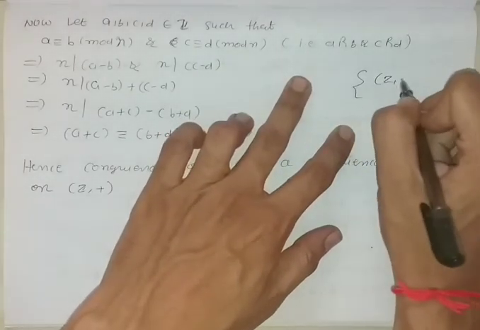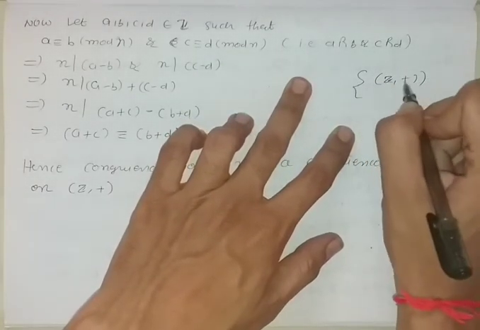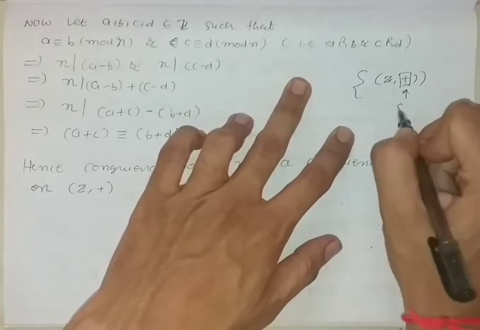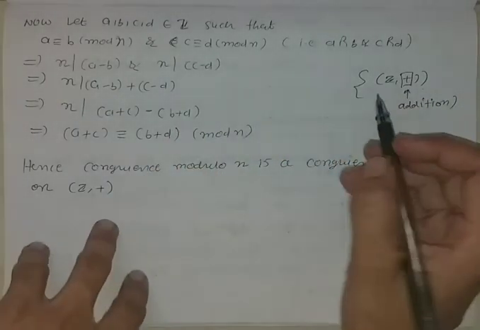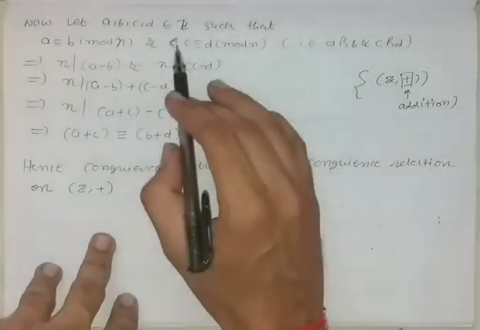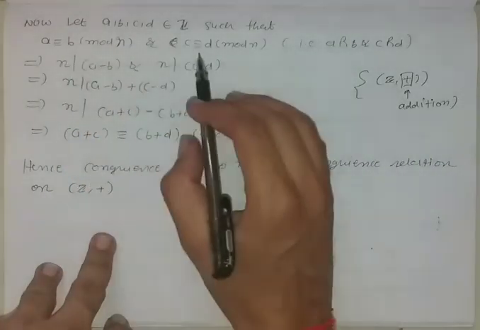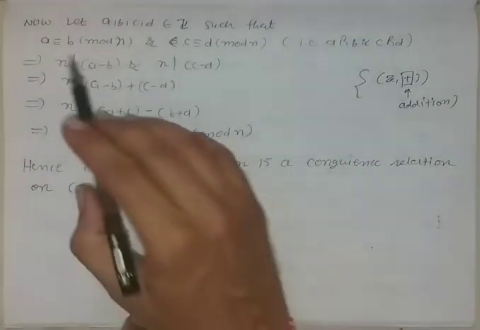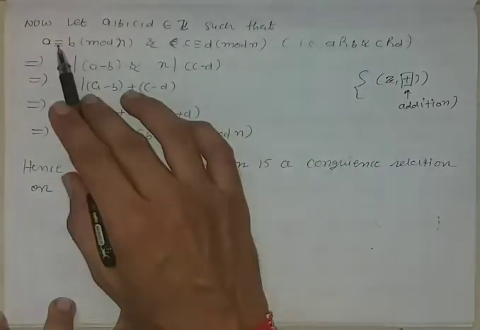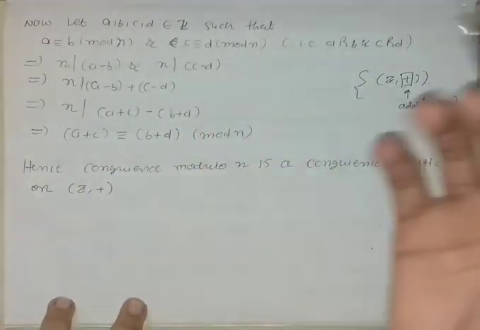Our semigroup is Z plus, and our binary operation is addition. So we need to show that A plus C is congruent to B plus D modulo N.